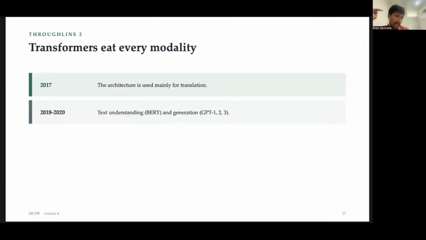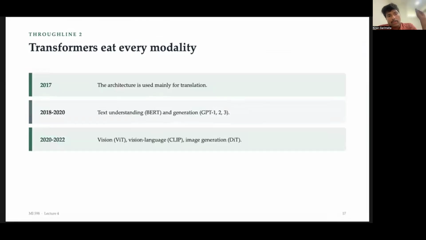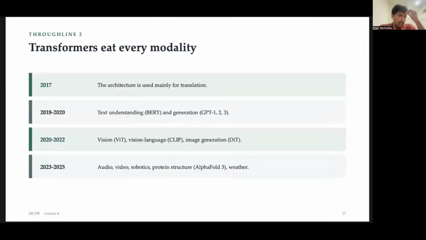Then 2018 to 2020, you have text understanding, natural language processing, using masked language models, bidirectional encoders, BERT and similar models, and then text generation, which is GPT 1, 2, 3. 2020 to 2022, there are more improvements in multimodal capabilities, which is vision language, and image generation, which is diffusion transformers. 2023 to 2025, there are more developments beyond just text and images.